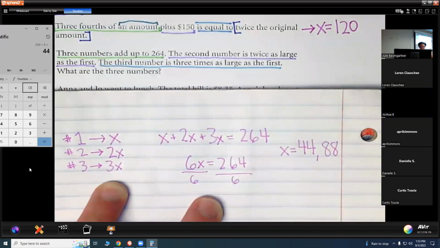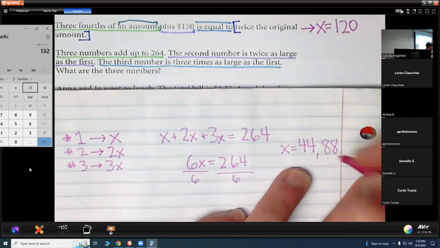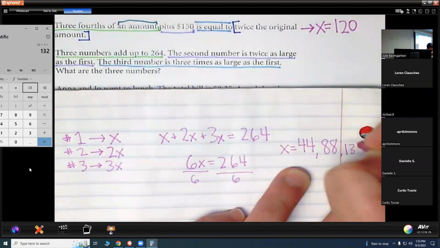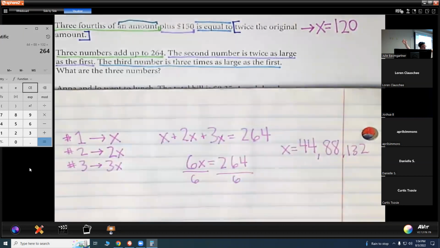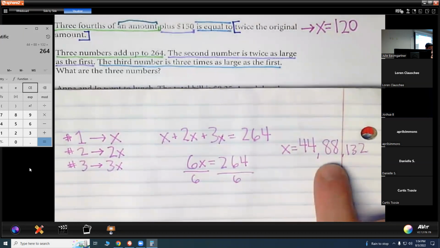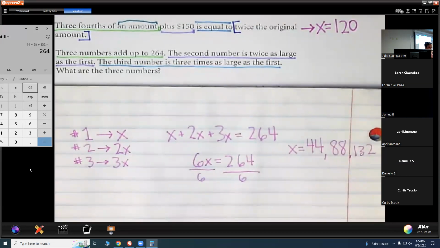And then the third, 132. So let's see here, 132 plus 88. Okay, once again: 44 plus 88 plus 132. So the 3 numbers are 44, 88, and 132.